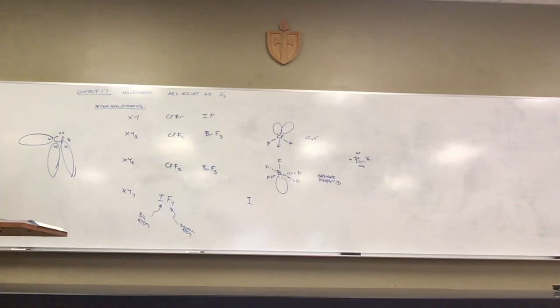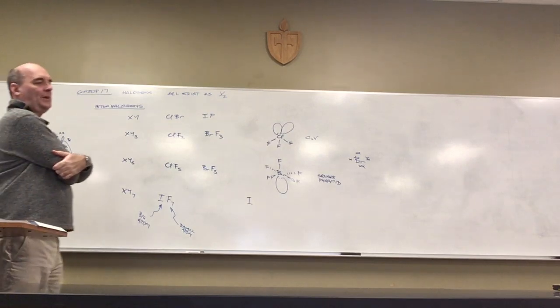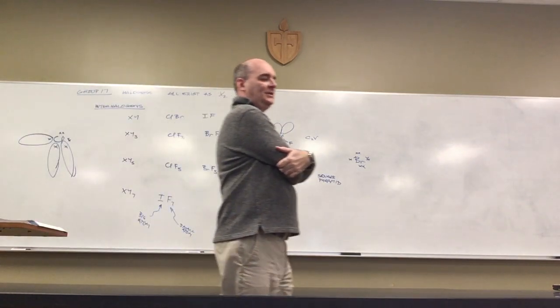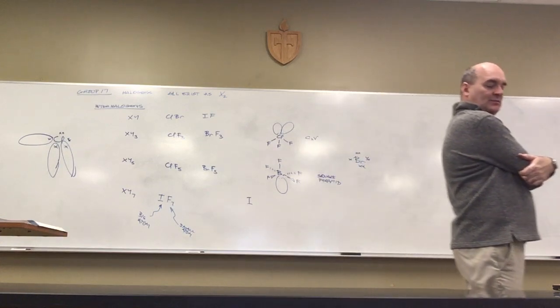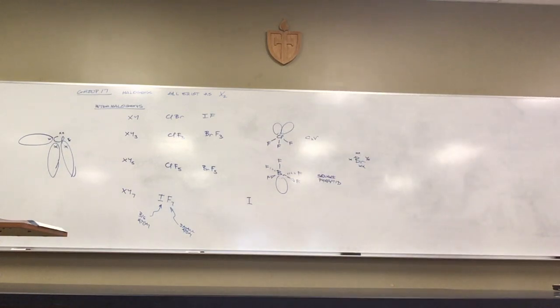IF7. What geometry would IF7 predict? 7 equal repulsive forces around a central atom.